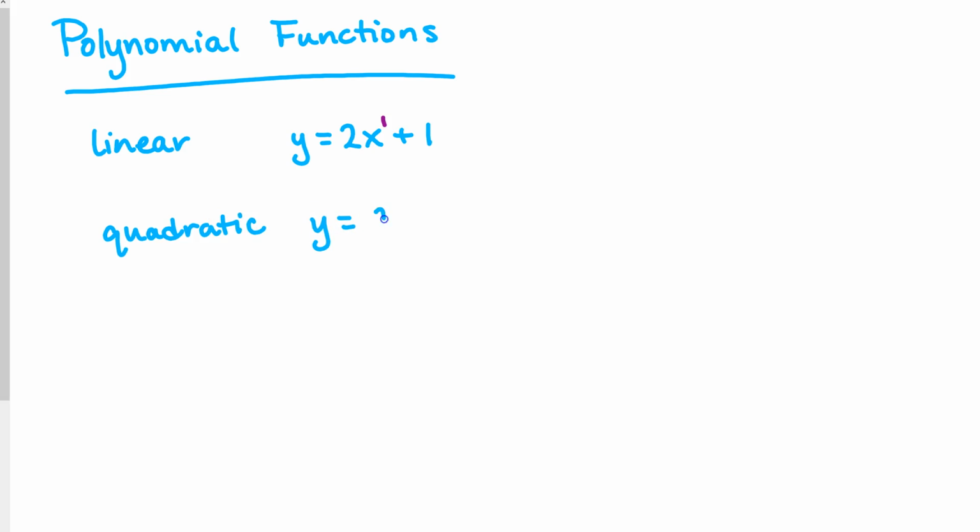So for example, y equals 2x squared plus x minus 7. So in this case, the highest exponent is 2, and any other exponents have to be whole numbers. So x to the first is there, and then you could imagine an invisible x to the 0 on there. So whole number exponents for polynomials.